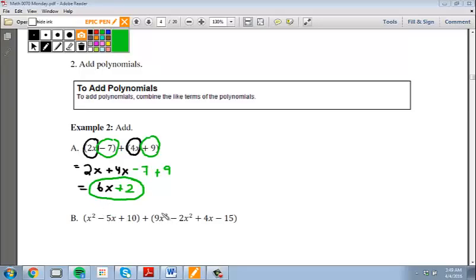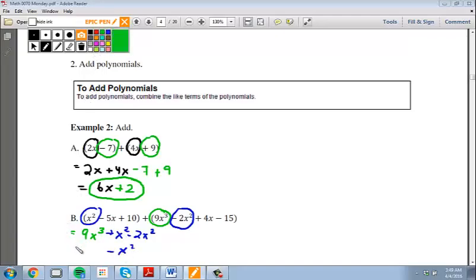Alright, so let's look at B. So let's look for the highest power term first, and I only see one x cubed term, so 9x cubed. Then I'm going to look for the squared term, because again I want to try to write this in descending order. So I have x squared minus 2x squared is a negative 1x squared or negative x squared.